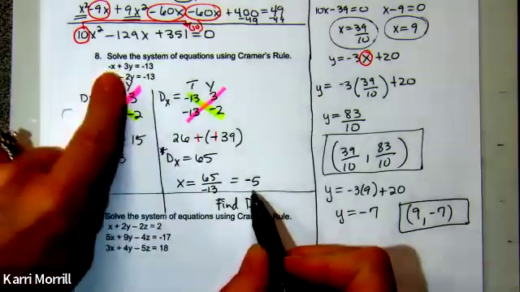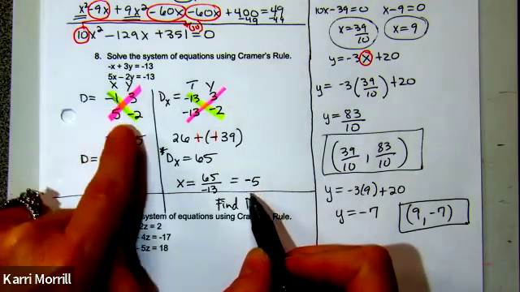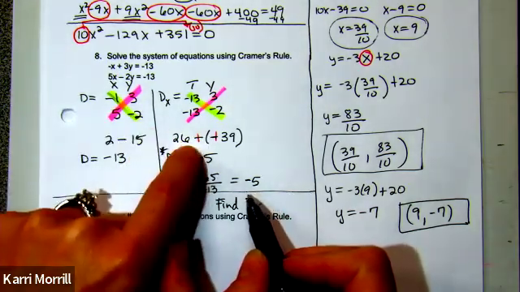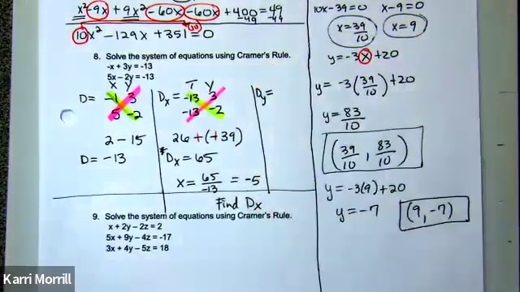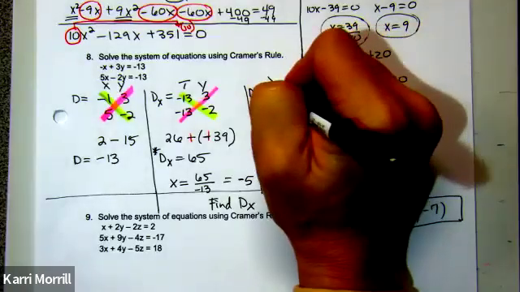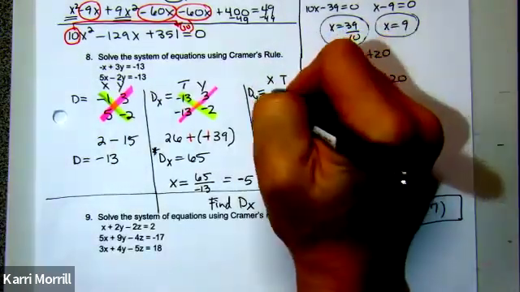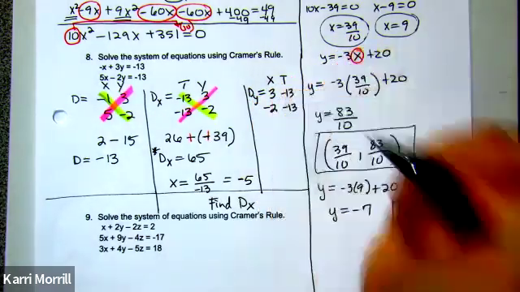Technically, if you know X, you could go find Y by plugging it in, and I would be fine with that. To me, you worked with finding your D and your Dx, but I'll go ahead and do my Dy using Cramer's rule as well. So we would use our X and then our totals when we set this one up. So 3 and -2, -13 and -13.